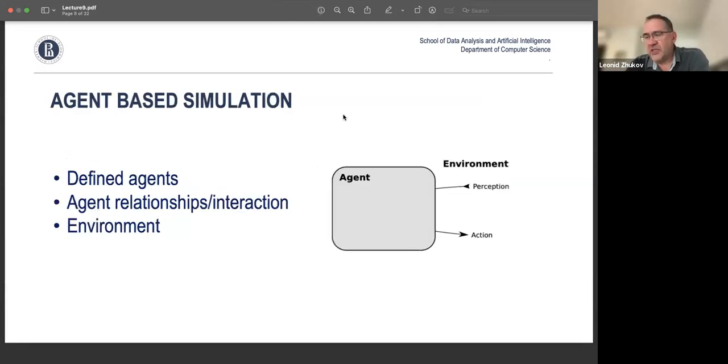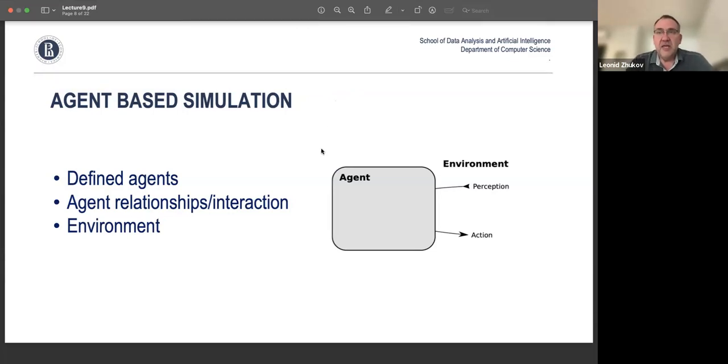So what's an agent, and what's agent-based simulation? First of all, we need to define an agent as a separate entity that exists within a larger environment and can interact with that environment. It can possess certain perception, so it can sense signals, can receive signals from the environment, and can perform actions.